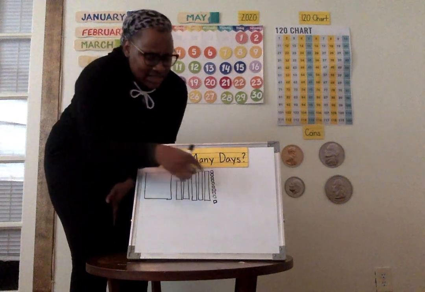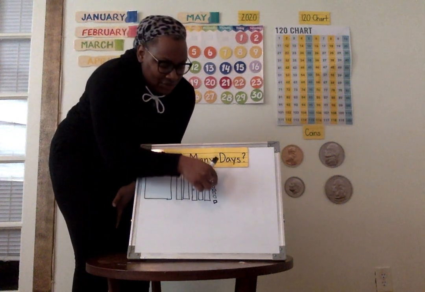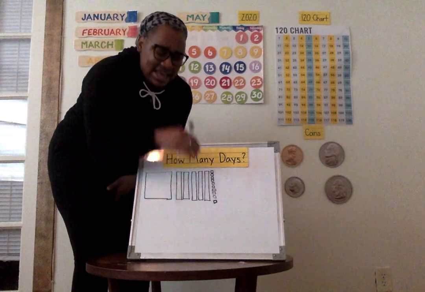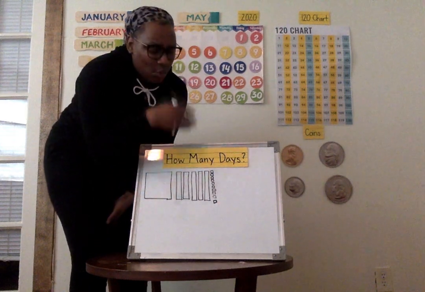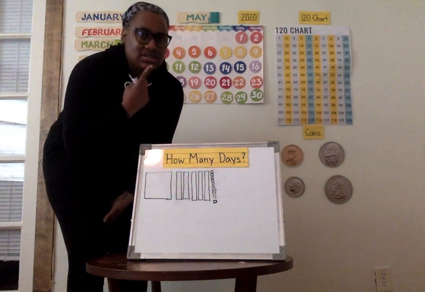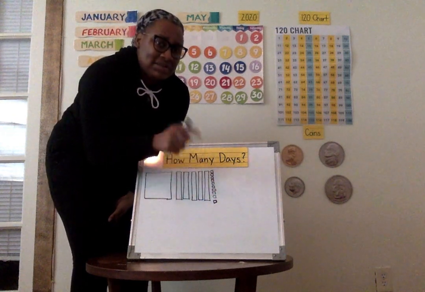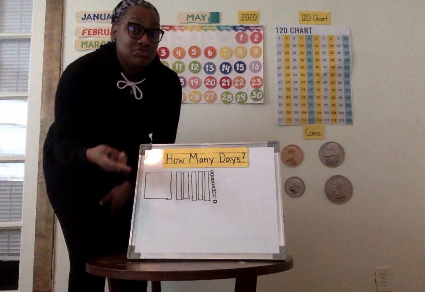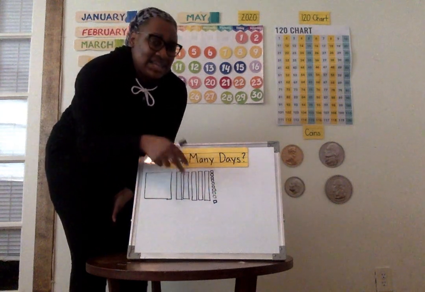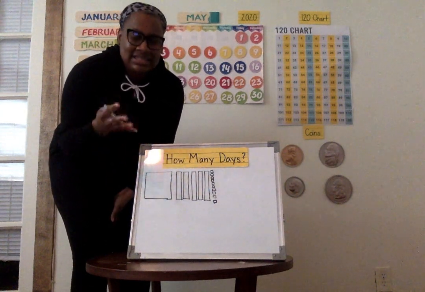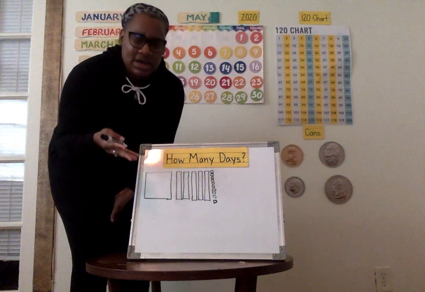But I have a question. Now I have 1, 2, 3, 4, 5, 6, 7, 8, 9, 10. I have 10 ones. What can I do to change this? Think in your head. First I had 9 ones, but I added another one because we were in school a new day. So now I have 10 ones. 10 ones is the same as what?